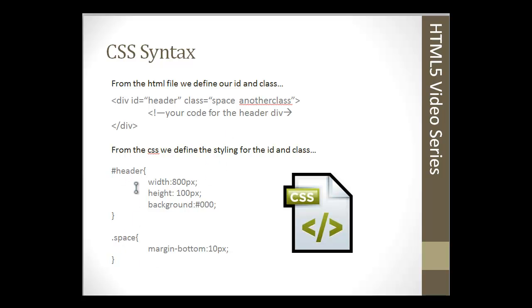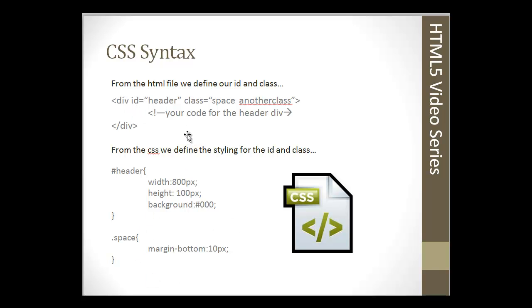So inside the header, we gave it the styling of width of 800 pixels. So whatever's in here is going to be 800 pixels long, with a height of 100 pixels, so it'll be 100 pixels high, and then the background of black, which is the hexadecimal for black, and that means that everything within these tags is going to have a background color of black.